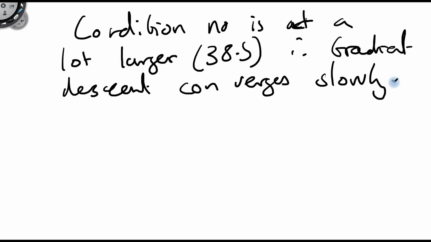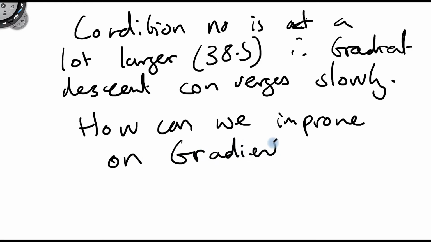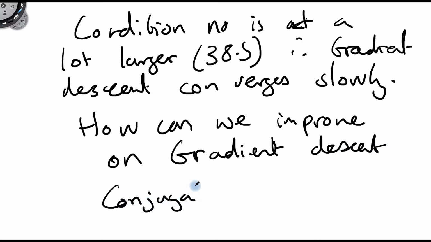So the question is, how can we improve on these long and drawn out cases? So how can we improve on gradient descent? And the answer is to put this conjugate idea in front of it.